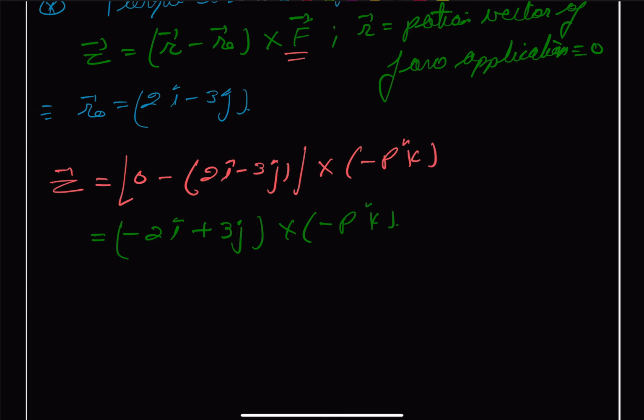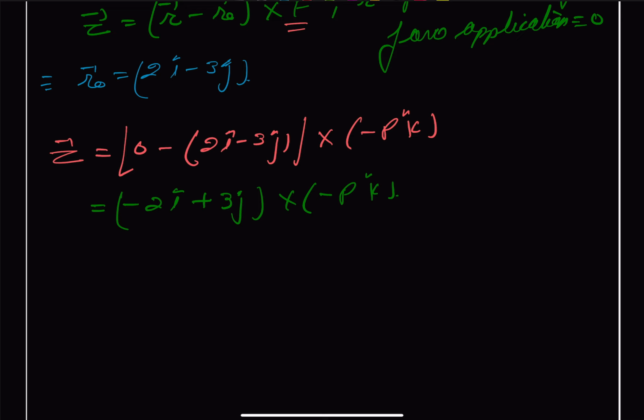First of all the cross product will be i cross k. i cross k is minus j, so this is minus p, and we have i cross k equal to minus j, and that is 2 times minus j, and j cross k is i, so this comes as plus 3i.